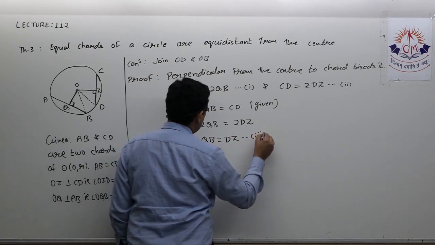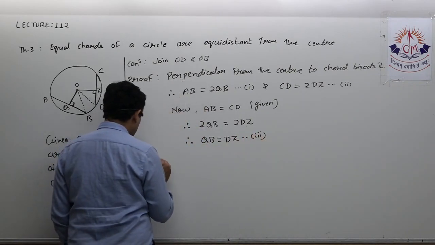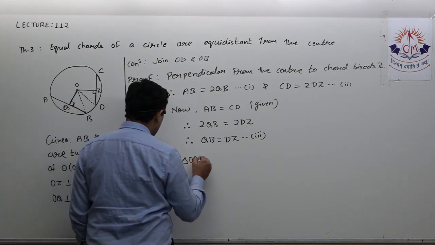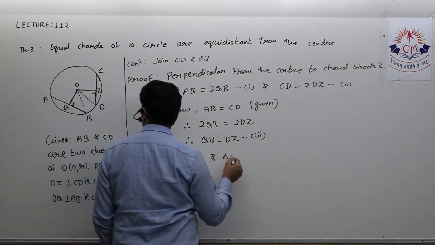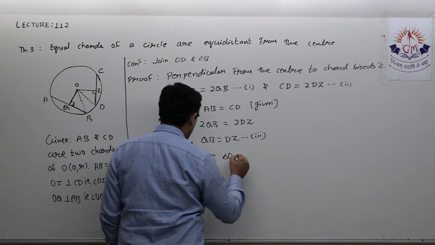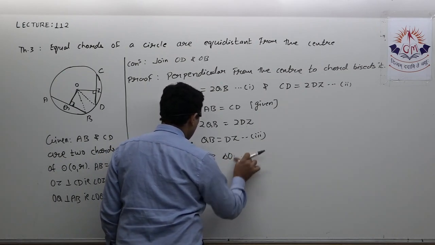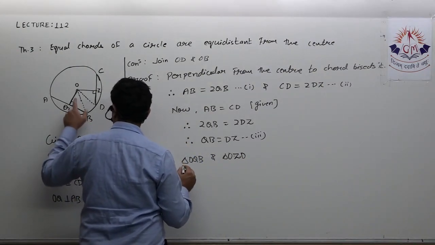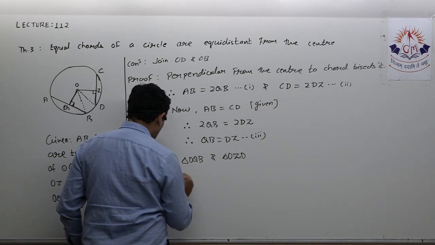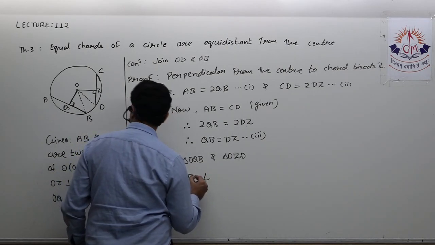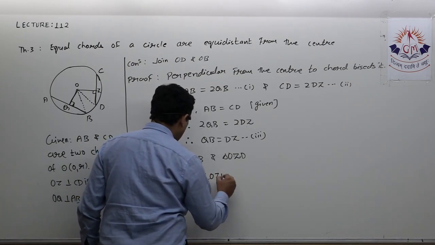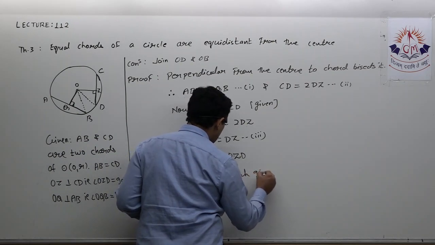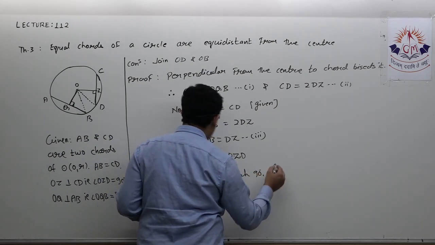Now in triangle OQB and triangle OZD, I can say that angle OQB is equal to angle OZD, and the reason is each is 90 degrees.